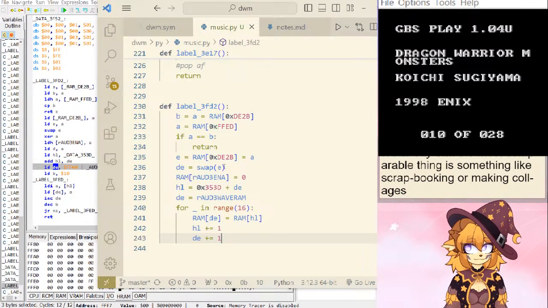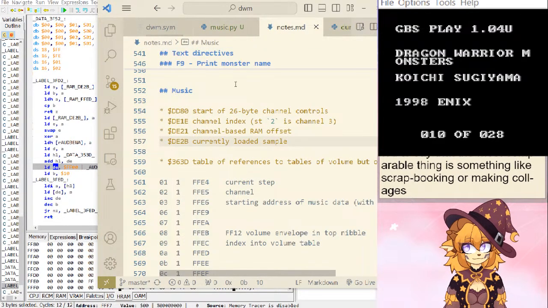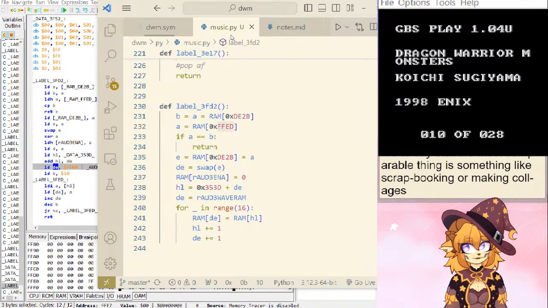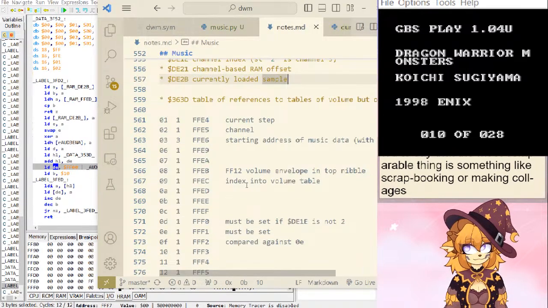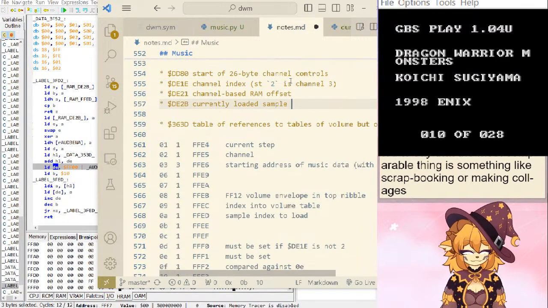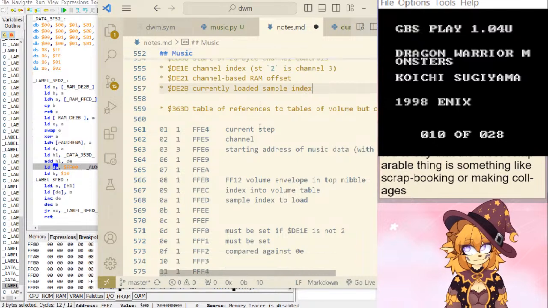I lost where I was. Oh, right. Okay, so that is the current loaded sample. This is the one we want to load. FFFED, sample index load, sample index.